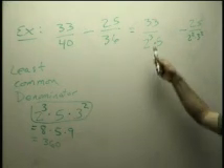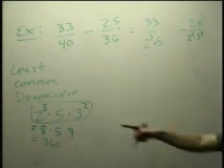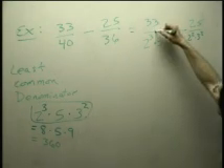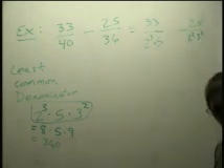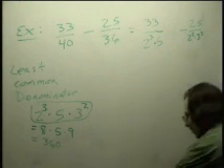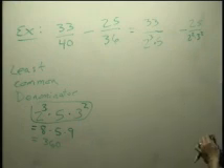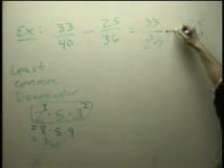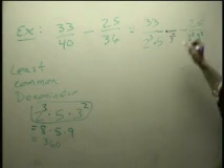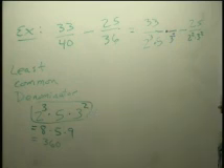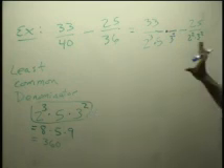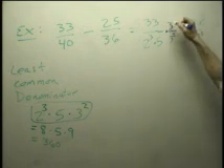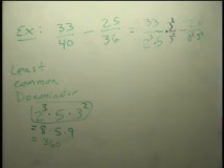So what's missing from here to turn it into the least common denominator is that 3 squared. So I'm going to multiply by 3 squared in the denominator to get that common denominator. But in order to make this an equivalent fraction, I've got to do the same thing in the numerator. Okay?